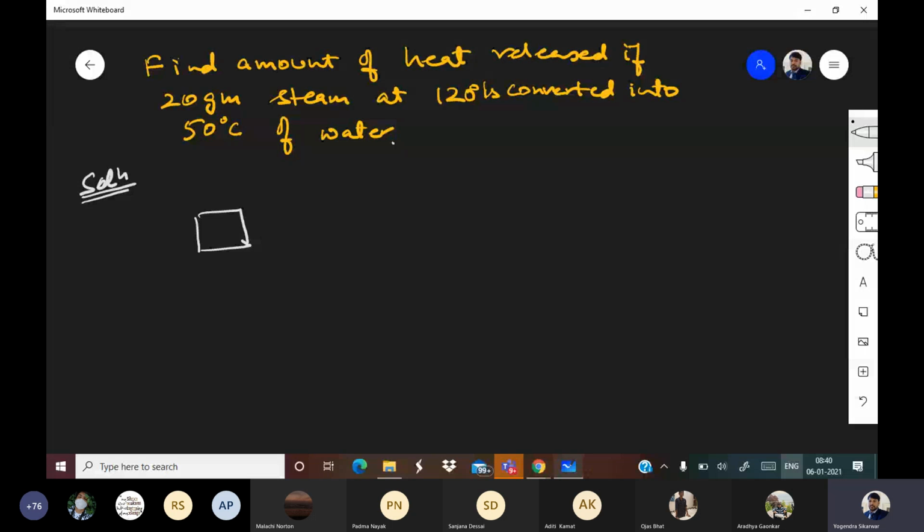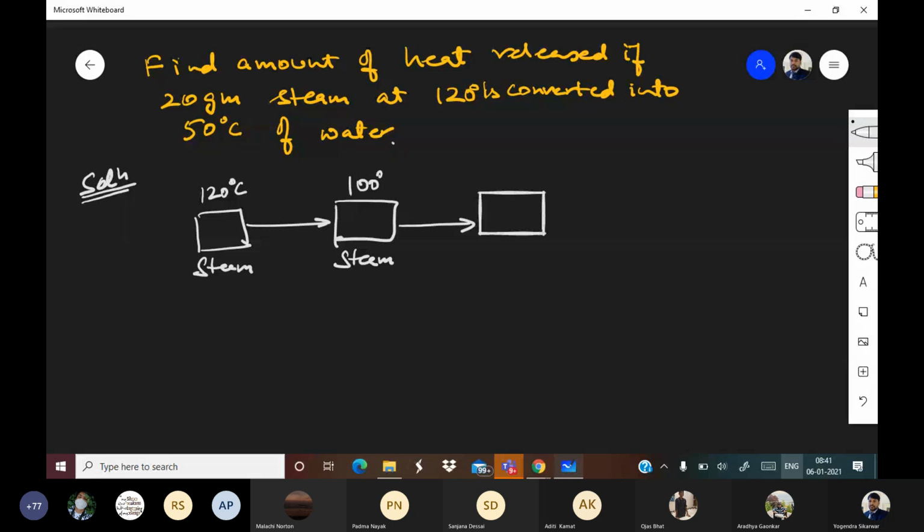So we have 120-degree steam. First of all, we need to convert it into 100-degree steam. Then we need to convert it into 100-degree water.